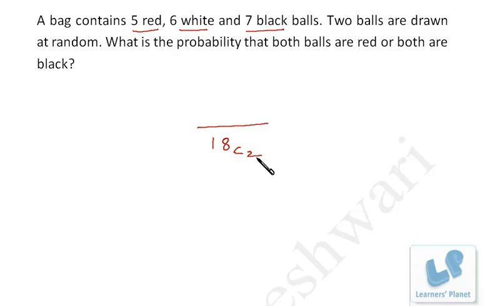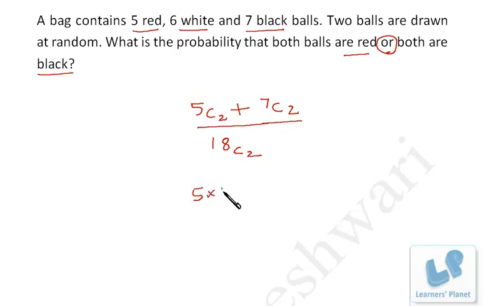Now, these are the total number of cases. In the numerator, we'll be taking the favorable cases, right, in which we are interested. And now we are interested in both the balls being red or black, right? So if both the balls are red, that means it's 5C2, plus both of them are black, 7C2, right? So this is the total calculation. We just simplify it.